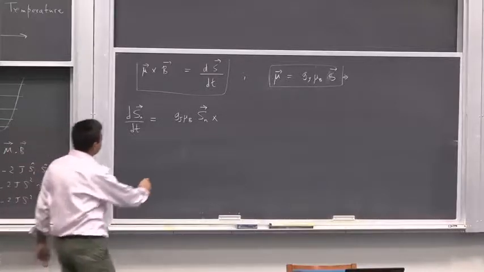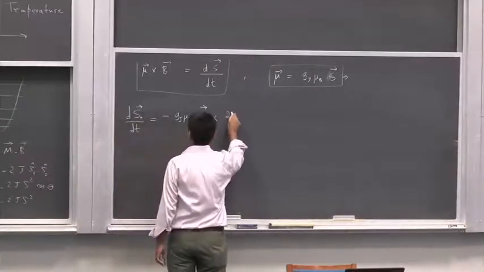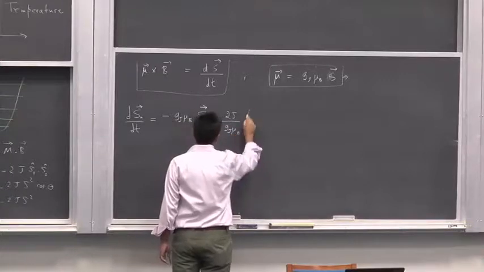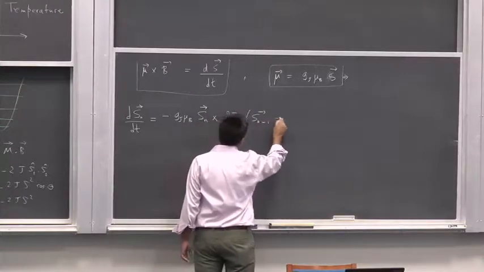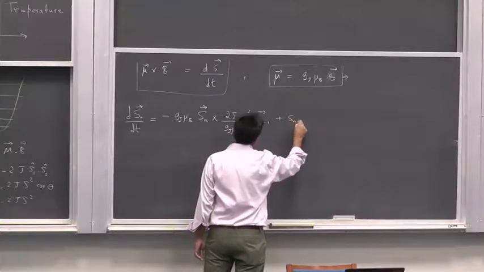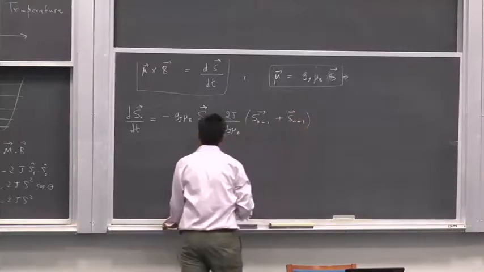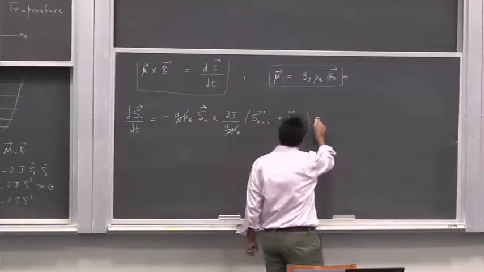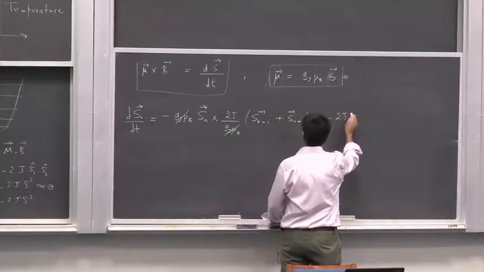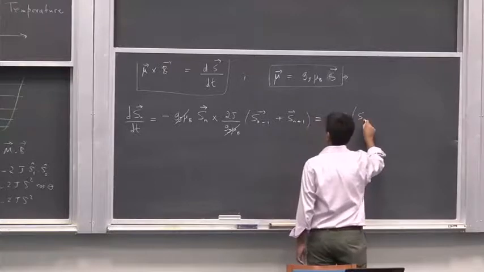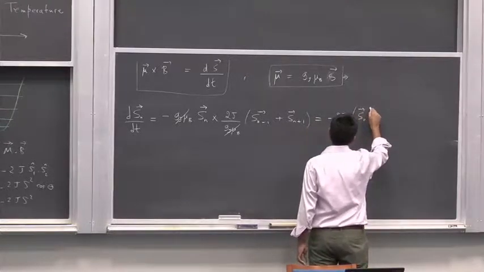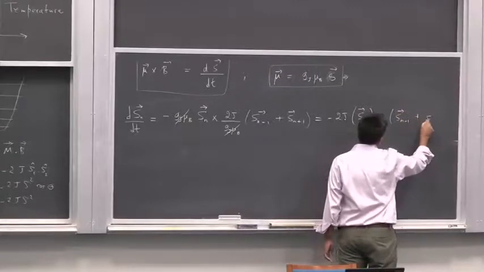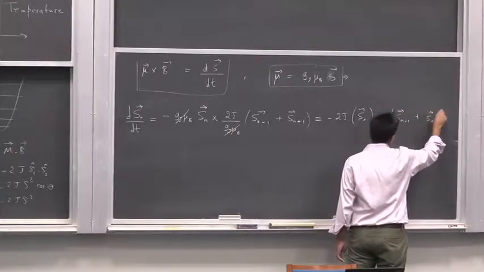That's minus 2J over Gj mu B, times S_(n-1) plus S_(n+1). Some nice cancellations. I'm left with minus 2J S_n crossed with S_(n-1) plus S_(n+1).